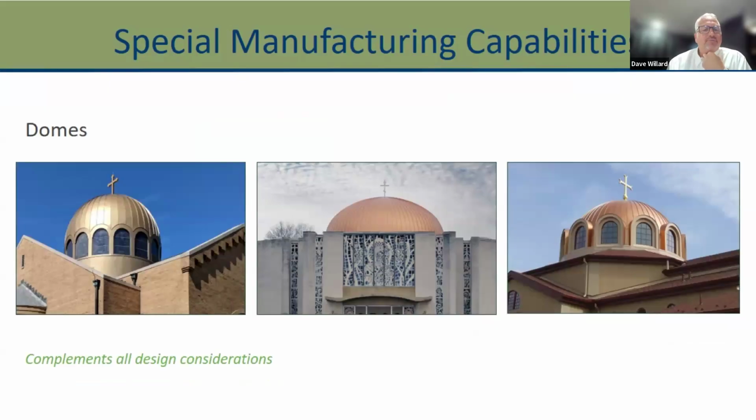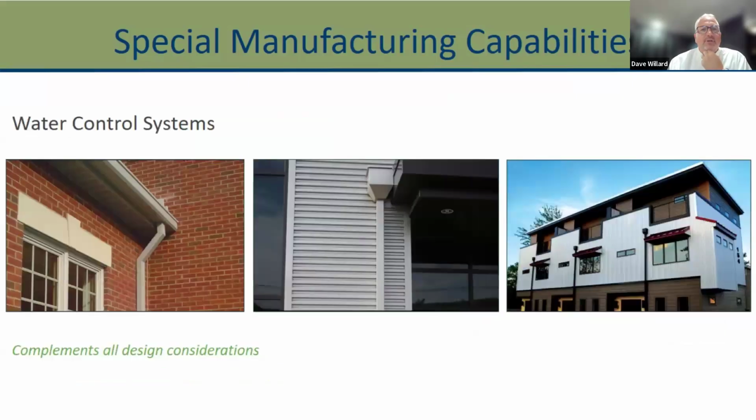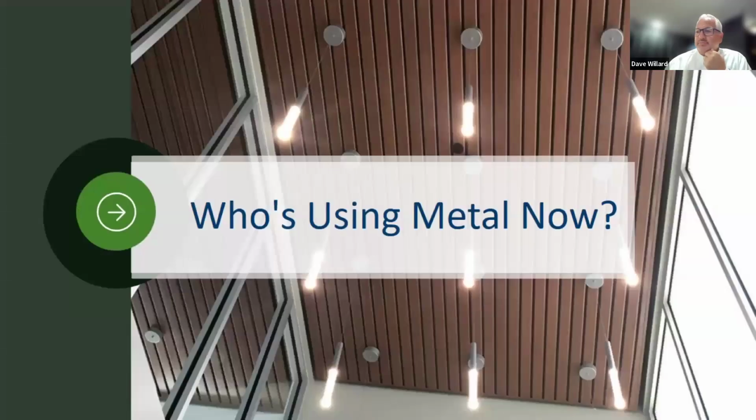They have different shapes. A lot of technical stuff goes into making these types of panels, but it's all possible. And of course, different manufacturing capabilities between water control items just to finish up the product: scuppers and gutters, downspouts, all the things you need to finish a project to complement the rest of the building.